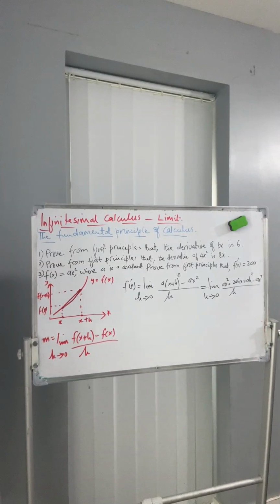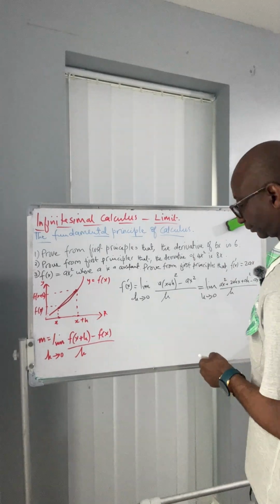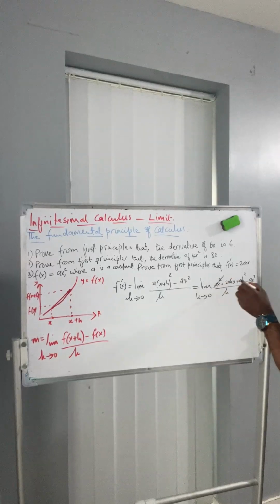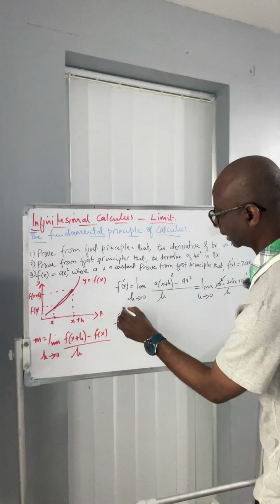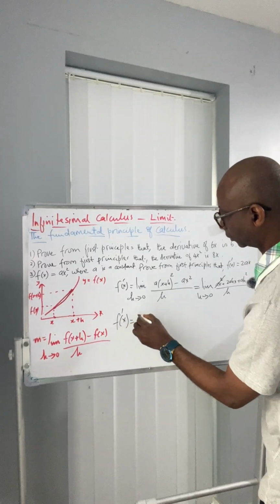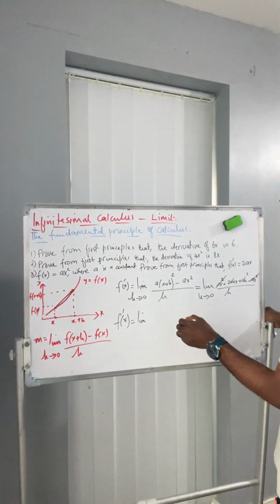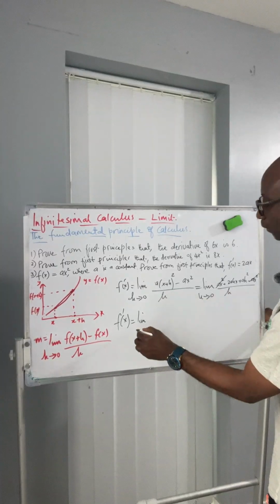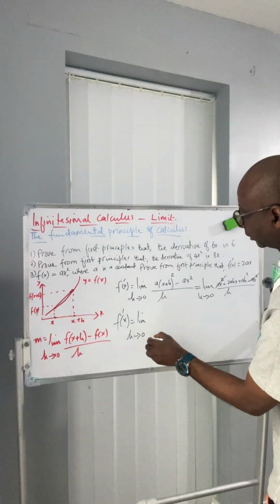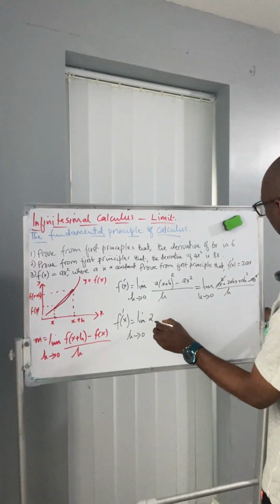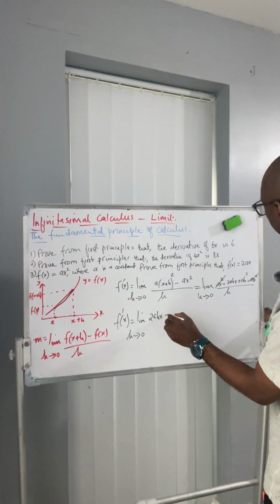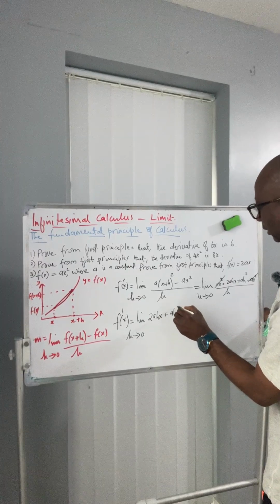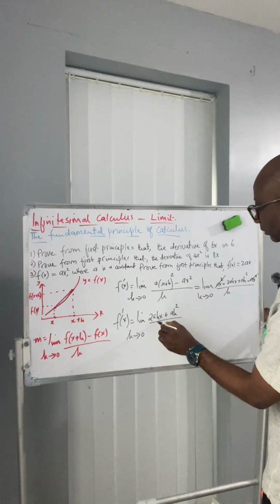So now, what can we see from this equation? We can see that ax squared cancels ax squared. So what is left here is f prime of x equals the limit as h approaches 0. We will have here 2ahx plus ah squared all over h.